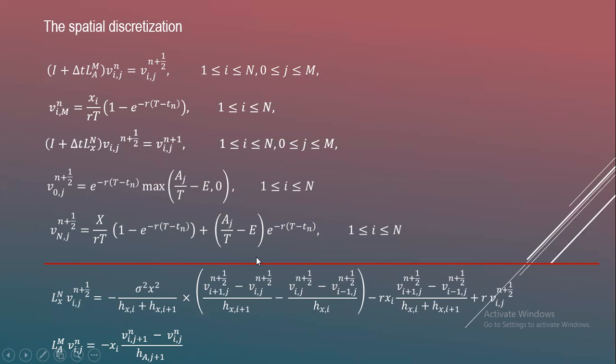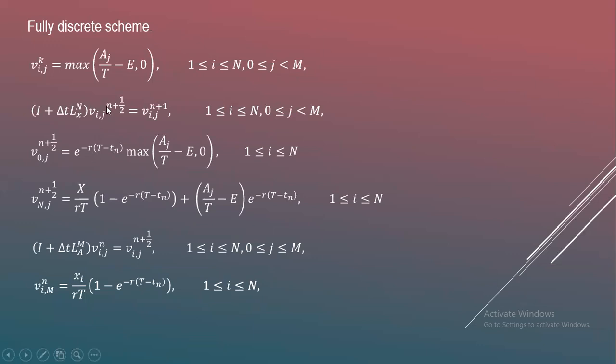And using two steps, first in time and second in space discretization, with those discretization formulas we find the fully discretized formula for space and time, given here. I means here the x direction and j means the a direction. So i goes from 1 to n and j goes from 0 to m.